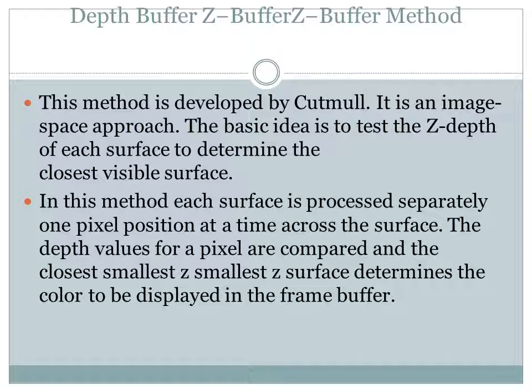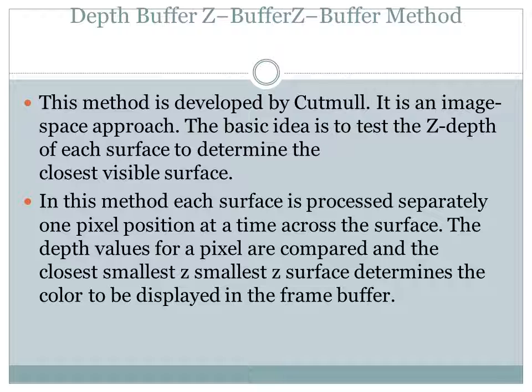In this method, we have to find the depth of each pixel position, and that depth is compared for what is to be displayed on the projection plane, and each surface of the object is processed separately.